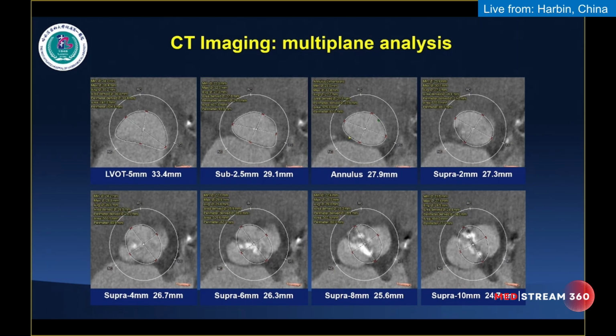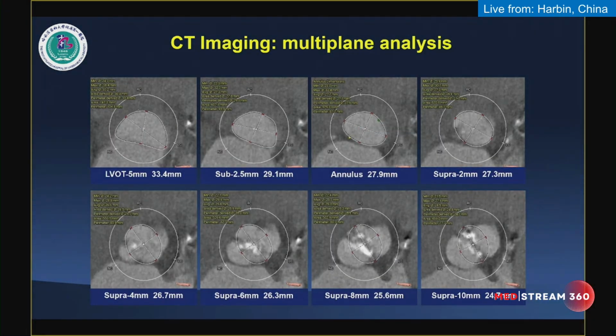For the supravalvular 4 millimeter plane, the perimeter is 26.7 millimeter, and for the 10 millimeter plane it is about 25.6. This is the restriction range of the supravalvular situation.